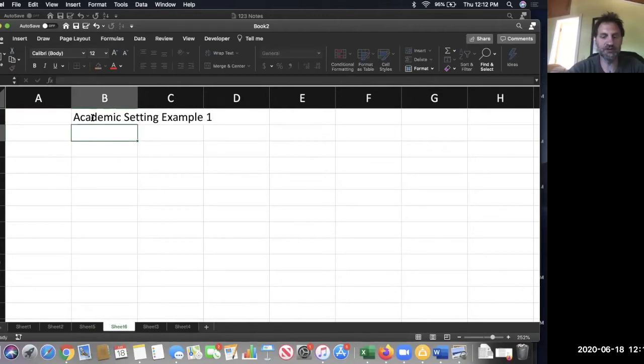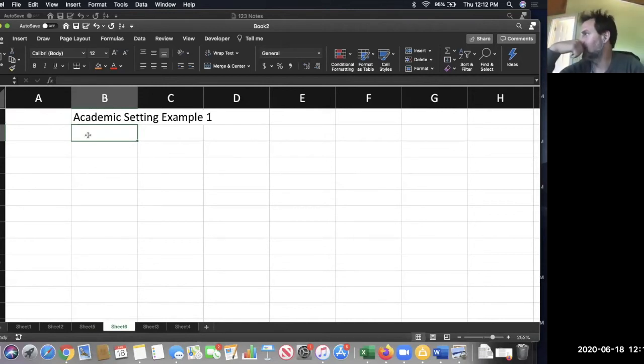The first one ties directly to our class because we do a weighted average here for our class, which is every category has a weight and that weight impacts your grade differently. So 30% of your grade is different than 10% of your grade. In fact, 30% is 3 times as important.